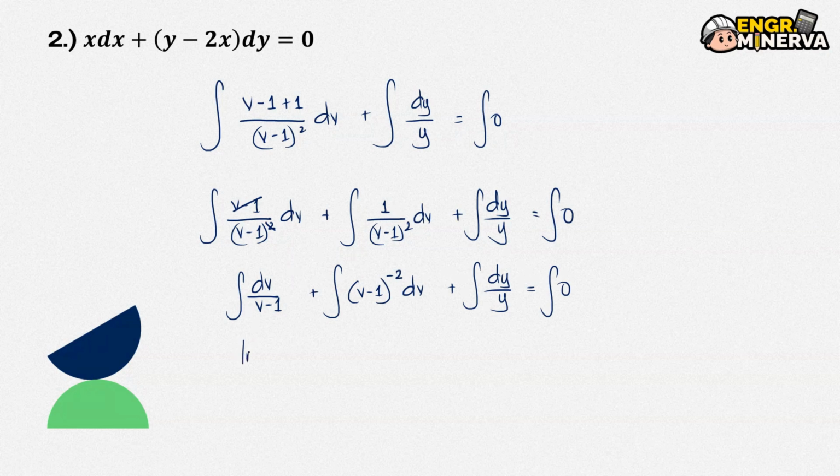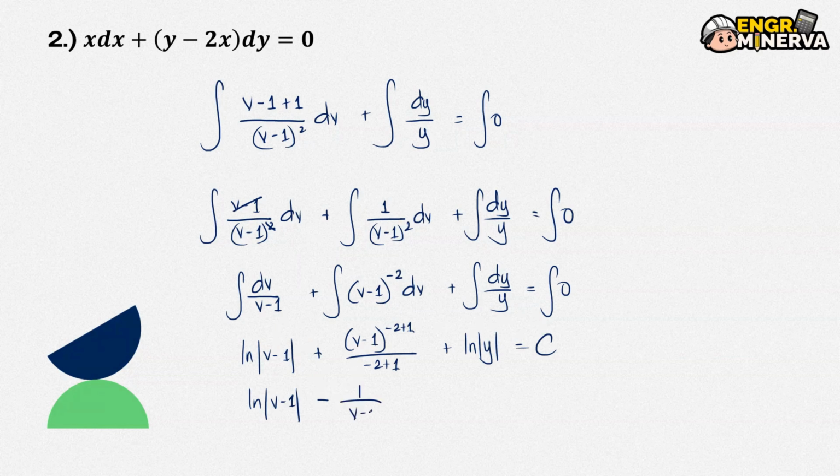So our answer here would be ln of v minus 1 plus v minus 1 raised to -2 plus 1 over -2 plus 1, which is -1, plus ln of y equals c. So simplify further, that would be ln of v minus 1 minus 1 over v minus 1 plus ln of y equals c. And we substitute back our v, which is x over y.